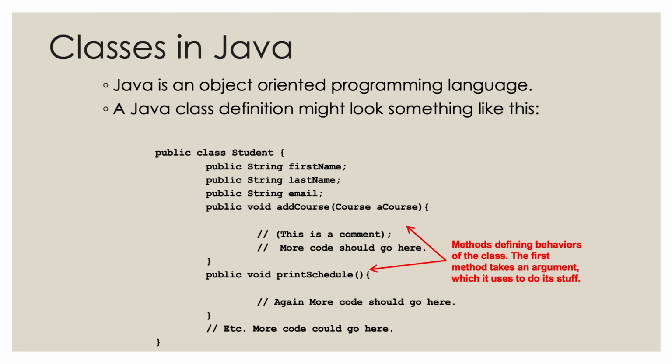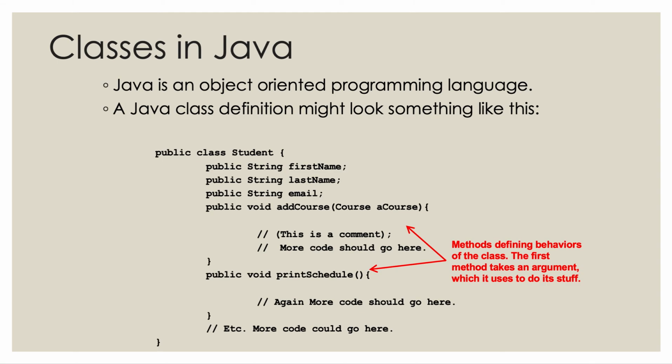And after public, before the name of the method, we have a keyword void, which could be any data type that this method wants to return. Here, void means that this method is supposed to return nothing.